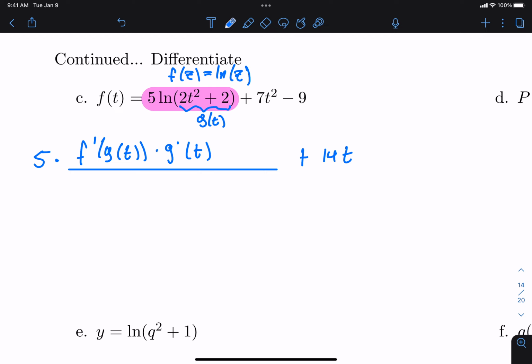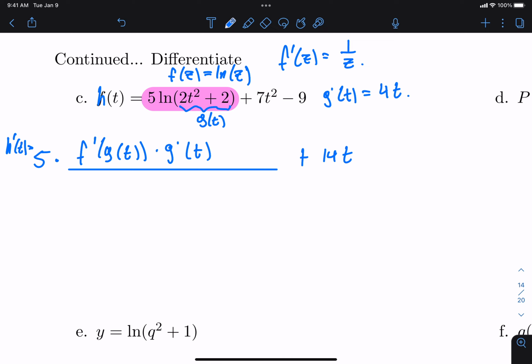I call this h, and then we'll call this h prime of t equals this. Okay, so I just need to plug in. I know that f prime of z is 1 over z, because that's the derivative of the natural log function. And I know that g prime of t, the derivative of 2t squared plus 2, is just 4t.